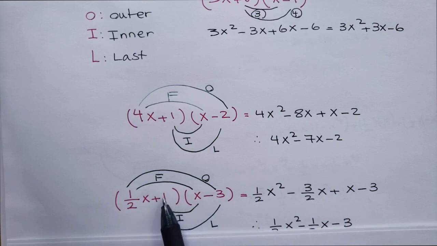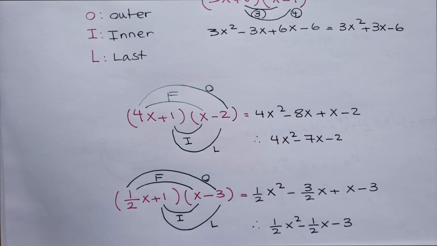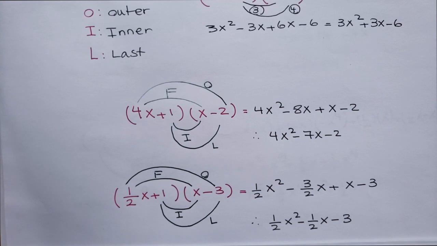Then the inner one, 1 times x. And then the L, the last one, 1 times -3. Again, we will simplify and try to rearrange it to make it look nicer. So 1 over 2x squared. Here I have negative 3 over 2x plus x. If we add them together, it would be negative 1 over 2x, and then minus 3.